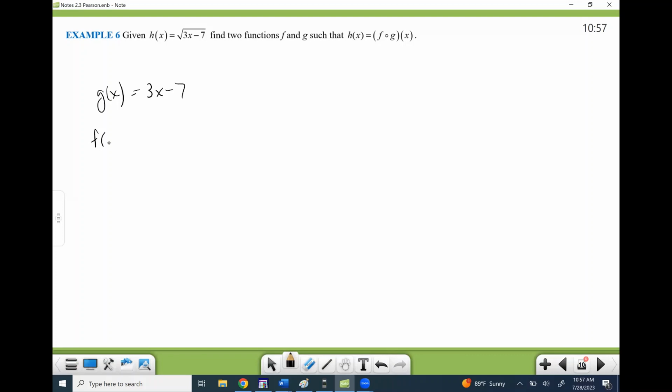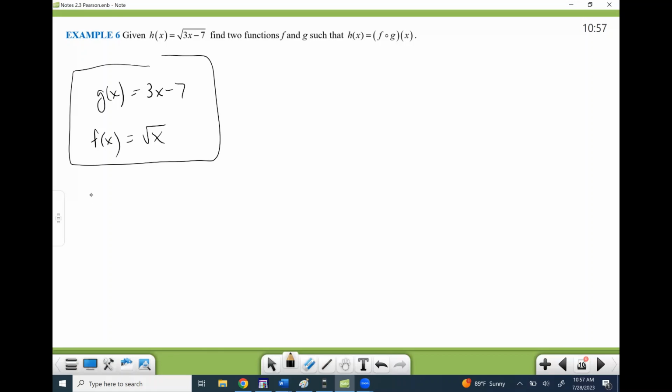And then you just want to pretend that whatever you made g of x is just a big X, and that'll help you find the other function. So it's going to be square root of x. Just imagine you took all of that 3x minus 7 and said, just let it be x. All right. So this works. Let's check it. This is what I would say is the best answer. I'm going to say, yes, there is a best in this case. This is the one we want you to see.